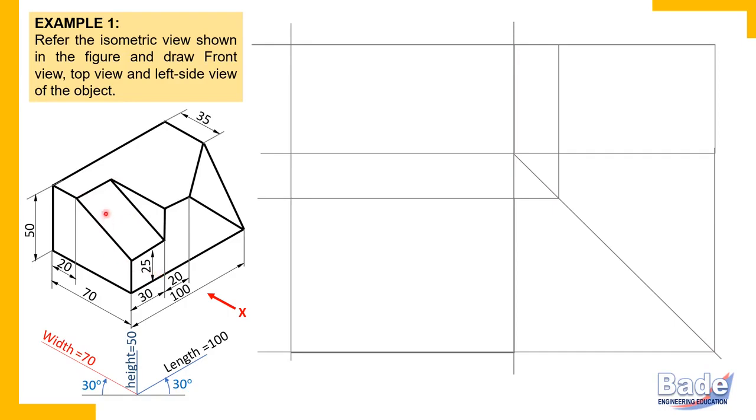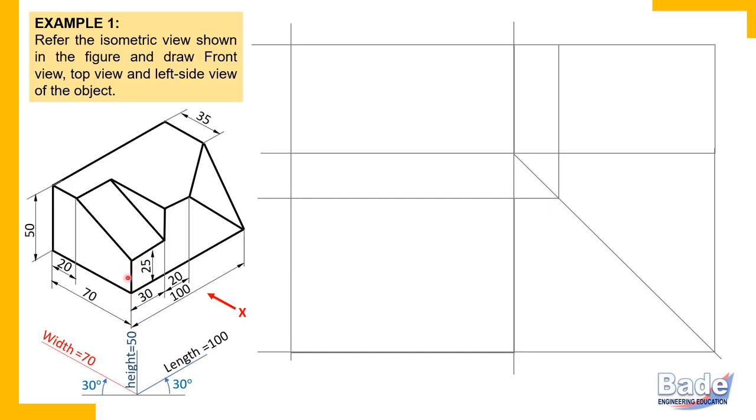So if a surface has an edge perpendicular to PP, it means that the entire surface is perpendicular to the profile plane. And if a surface is perpendicular to the profile plane, then it appears as a line in the side view. It's very important. If a surface has an edge perpendicular to a reference plane, now listen, this edge is parallel to the height axis. That means perpendicular to HP.